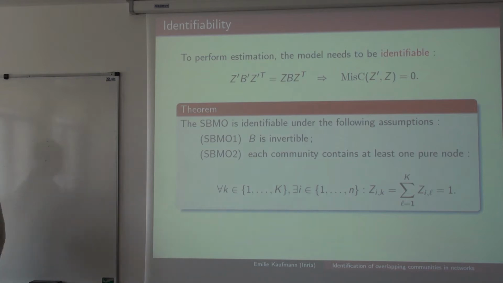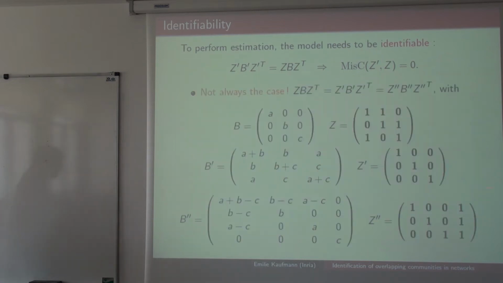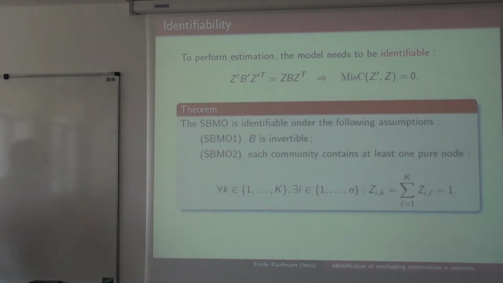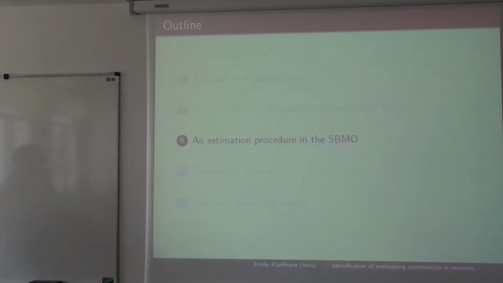We assume that the matrix B is invertible and that each community contains at least a pure node, in the following sense: for each k, we need to have one node that belongs only to this community. You see that this is not the case in this example, because there is no node belonging to only one of the communities. So from now on, we will assume that these assumptions are satisfied.